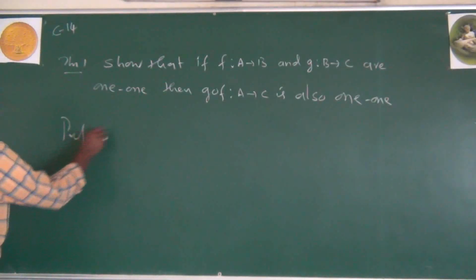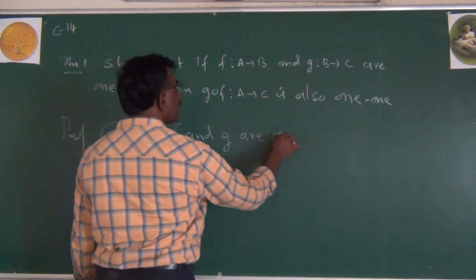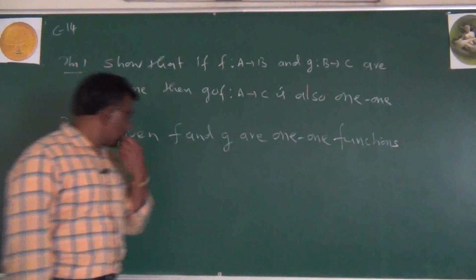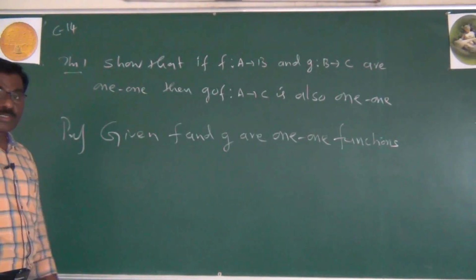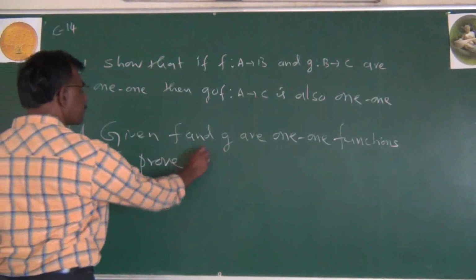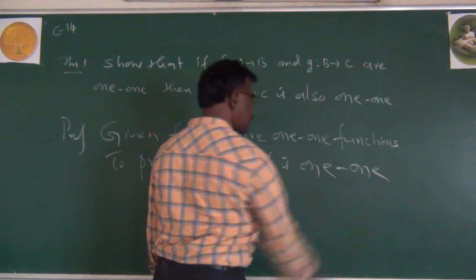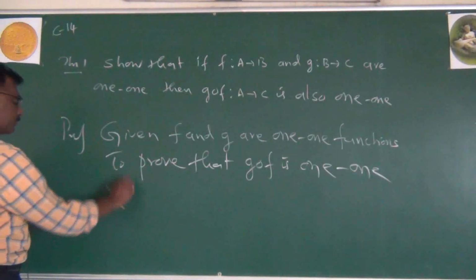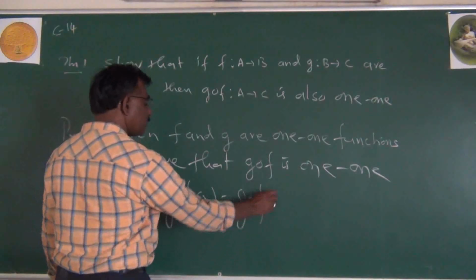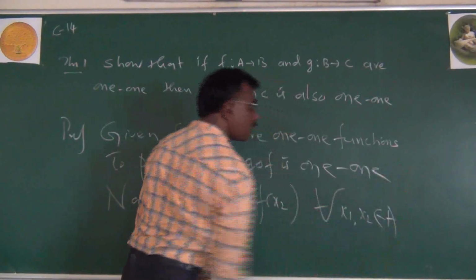Given f and g are 1-1 functions. To prove that g composition f is 1-1.